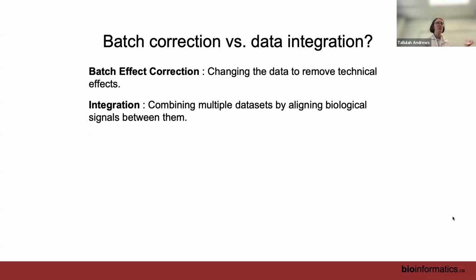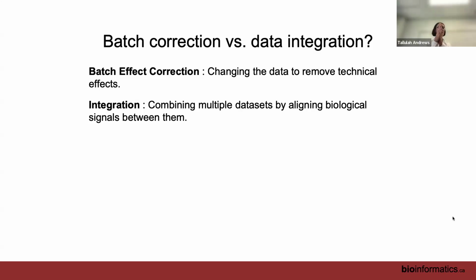Batch effect correction and data integration are used interchangeably, but usually batch effect correction is thought to be changing the data to remove technical effects, whereas people will use data integration when they're talking about just combining multiple data sets together by aligning their biological signals.